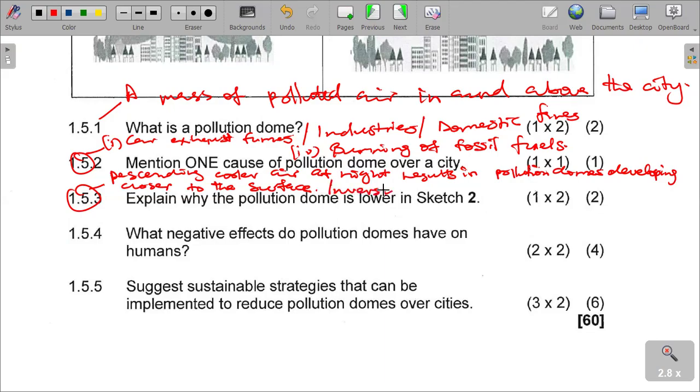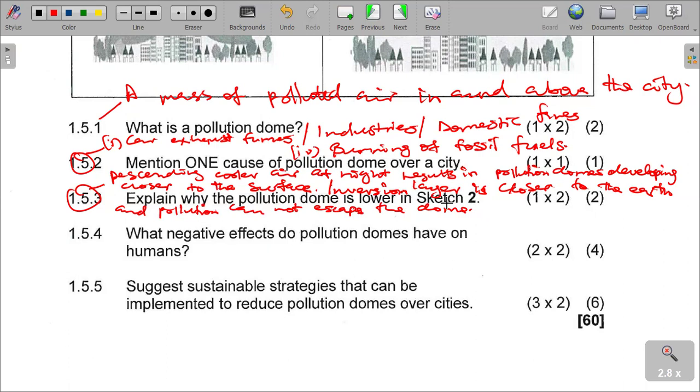The inversion layer is closer to the earth, and pollution cannot escape the dome.